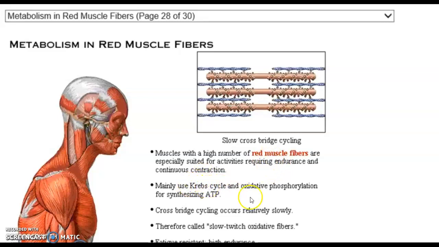They mainly use the Krebs cycle and oxidative phosphorylation for synthesizing ATP, and we always get a lot more. We get 34 ATP from these, whereas glycolysis only gives us 2. Now, the amount of time that our cross bridges are able to hold the contraction is much longer in our slow twitch than in our fast twitch muscles. So we have high endurance.